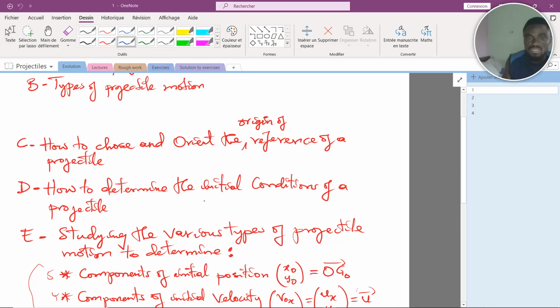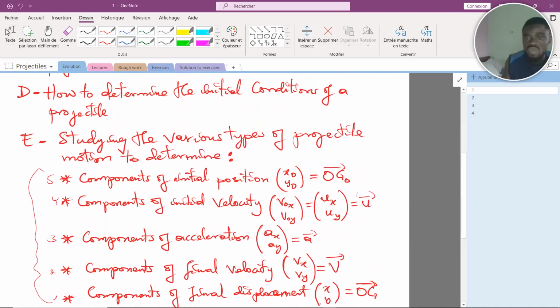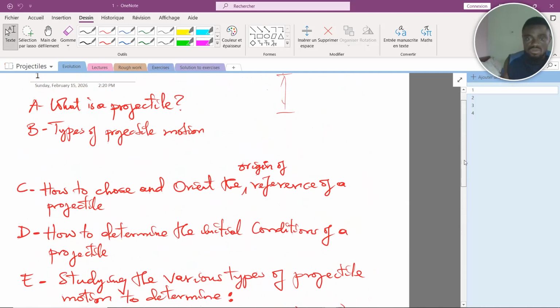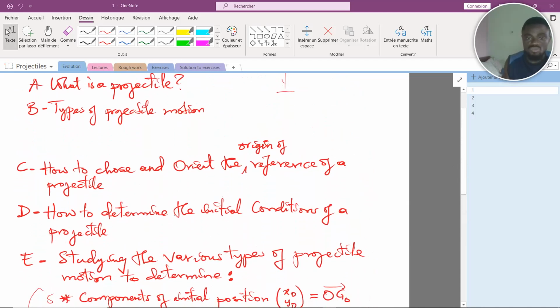The initial position will have coordinates x0, y0, and the initial velocity will have components ux and uy, or v0x and v0y. Is that okay? So go through that video. In the next video, we're going to see how to determine initial conditions of a projectile.